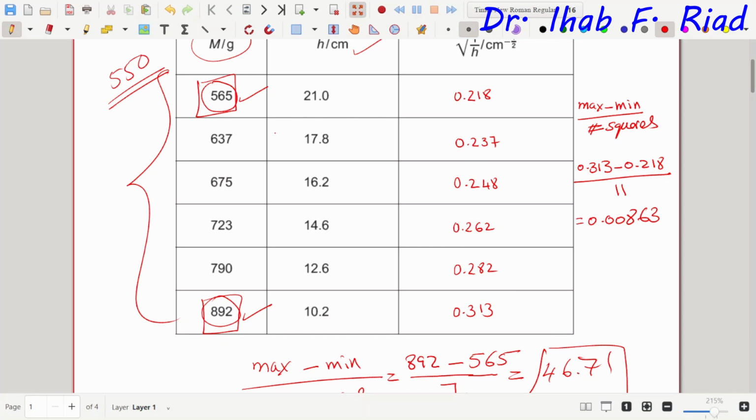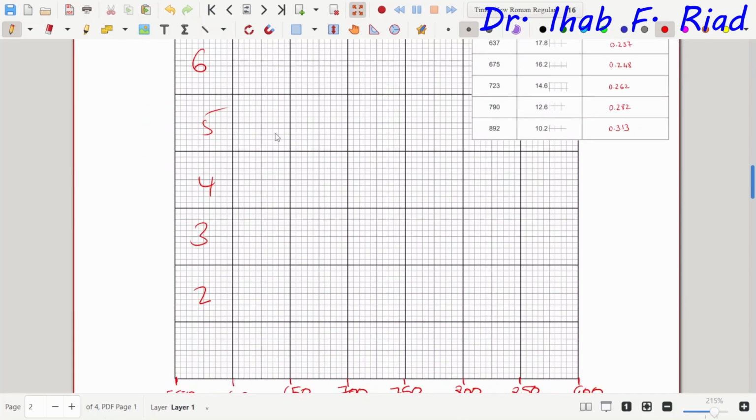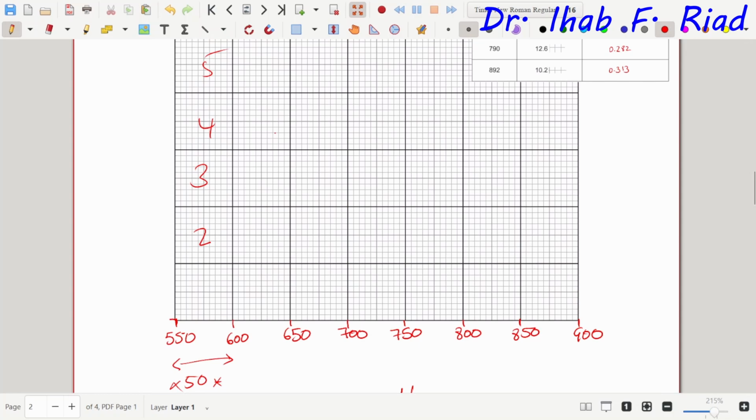Okay, this is actually not a very good scale. So the next best thing that we can do, we are going to round it up to 0.01. So on the y-axis, we are going to round it up to 0.01. Which value should we start the y-axis? I think a good choice would be 0.21.